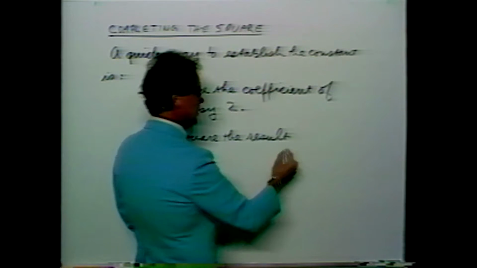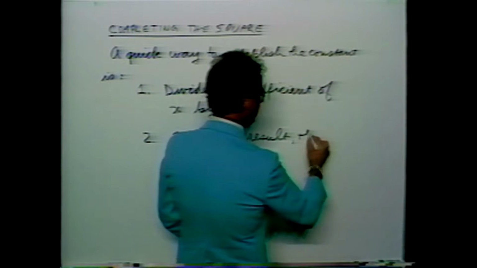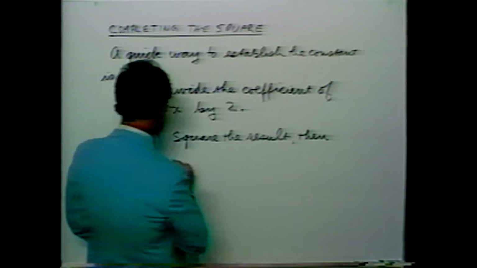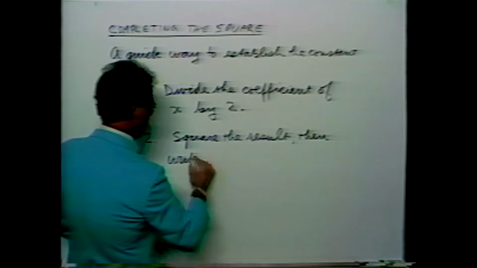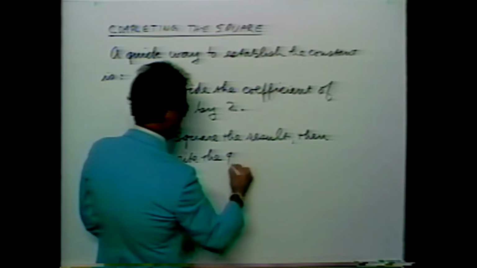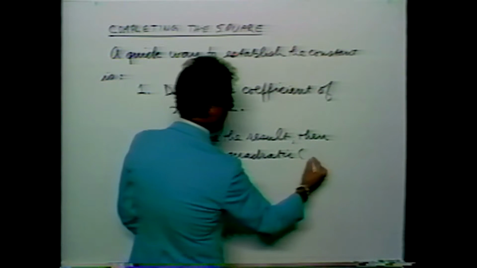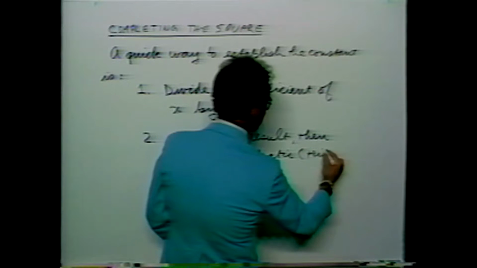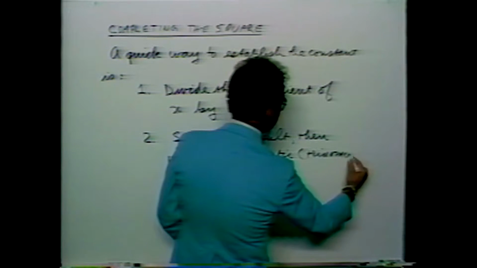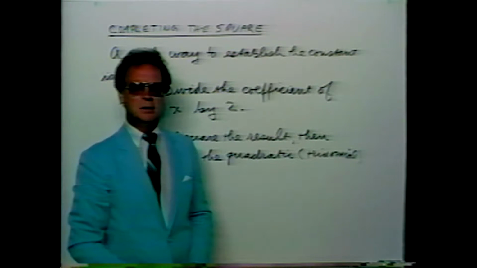And write the quadratic, which is now a trinomial, and the square has been completed.